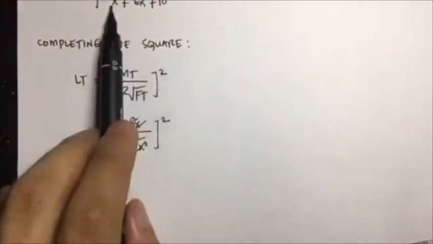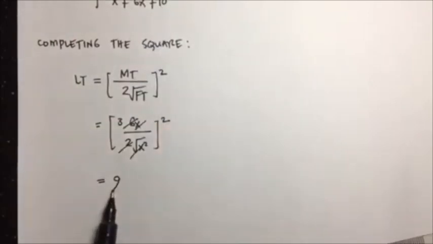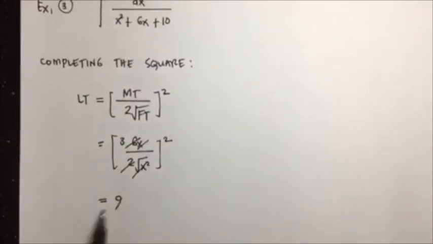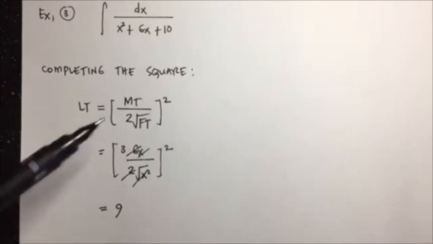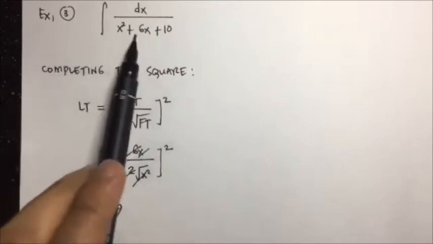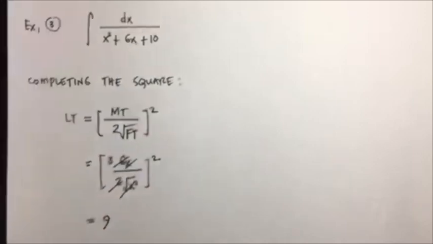So we need to break down 10 into two terms, for which one term will be 9, so that we can complete the perfect square trinomial.